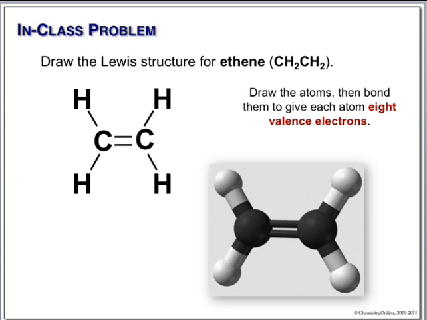The valence shell electron pair repulsion tells us that these carbons should be trigonal. So these bond angles should be 120. And we have this double bond in between our 2 carbons. Now, let's think a little bit about where this double bond really comes from in terms of these S and P orbitals that we're dealing with.